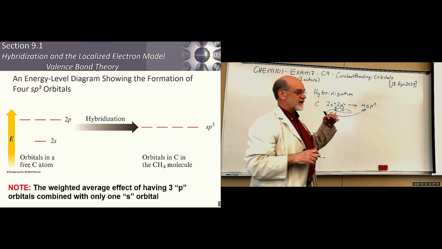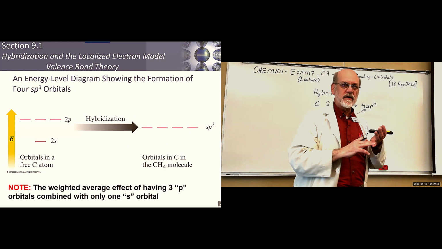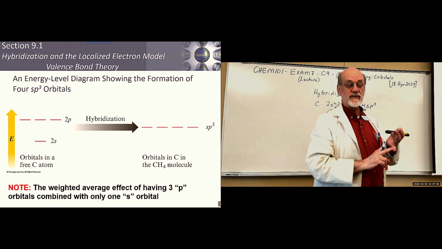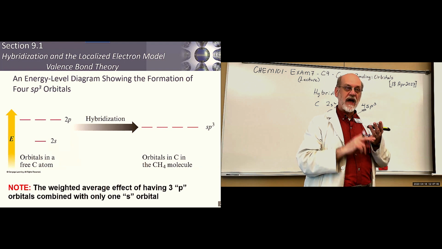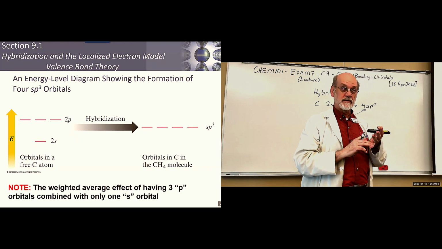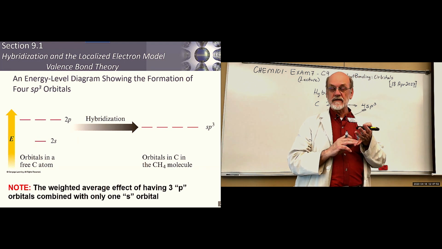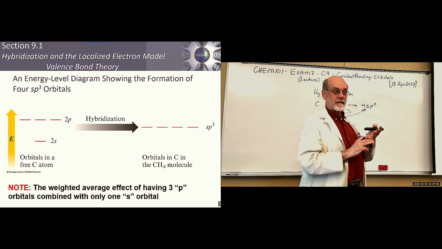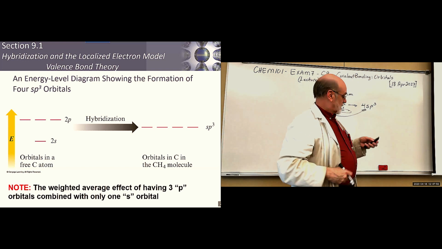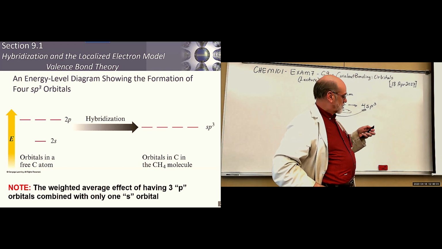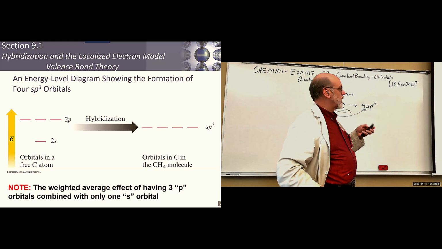One of the things that valence bond theory never has been able to do is to predict actual calculable energies for the bonding electrons.